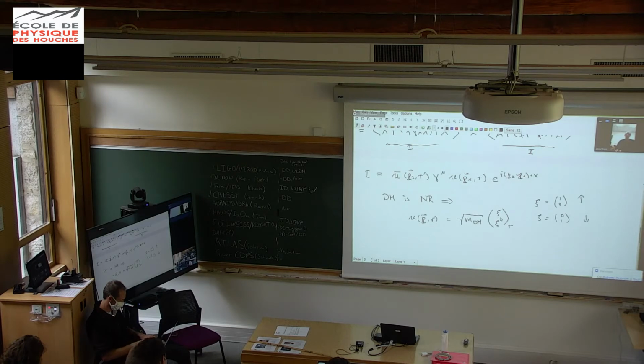So that's just the non-relativistic Pauli spinor that you know from quantum mechanics. Okay, and then there will be plus corrections, but these corrections will already be suppressed by powers of the momentum transfer divided by the dark matter mass. So we can just neglect them. We just need the first piece. So these are small corrections and we don't need them.